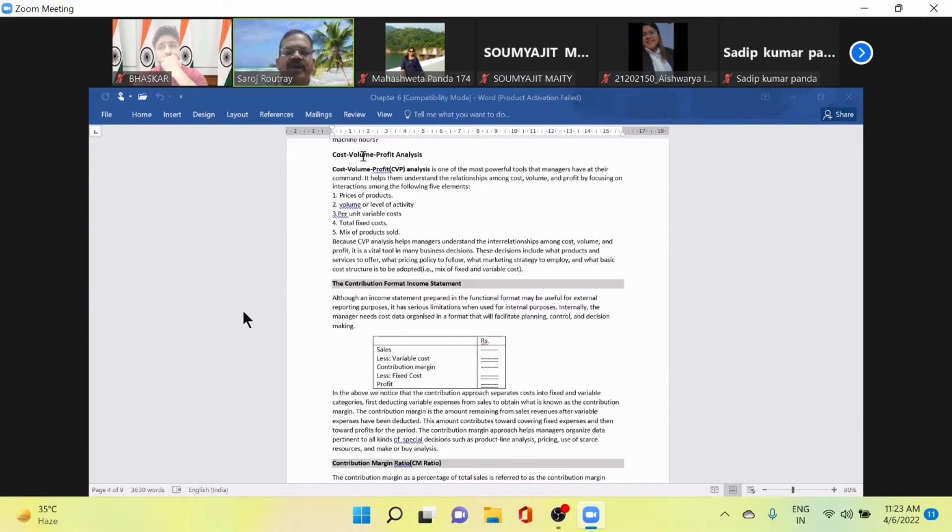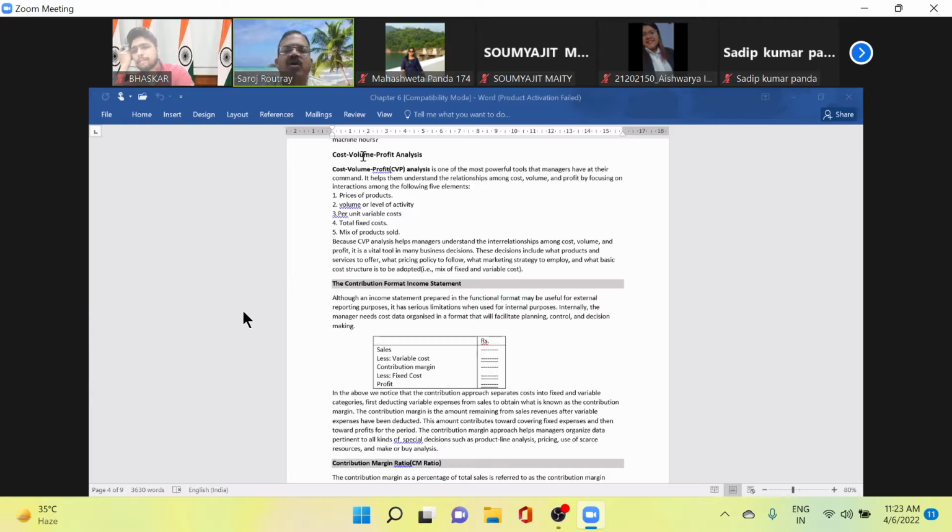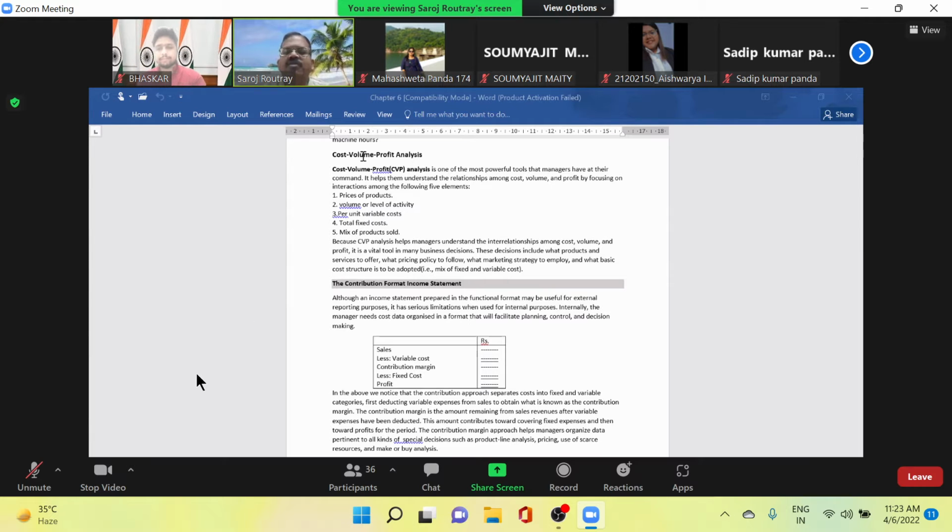Or if you want to make a certain amount of profit, what should our sales be? Similar kinds of decisions we can take, like if you have 2-3 alternatives, which alternative is best for the organization. Such decisions you can take using this format.